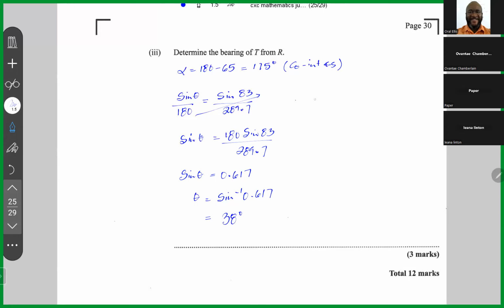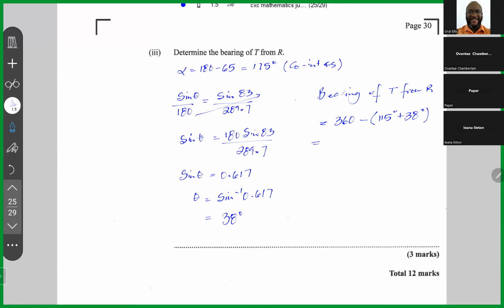So the bearing of T from R would be equal to 360, the red angle, minus the combined blue angle, which is 115 plus 38.